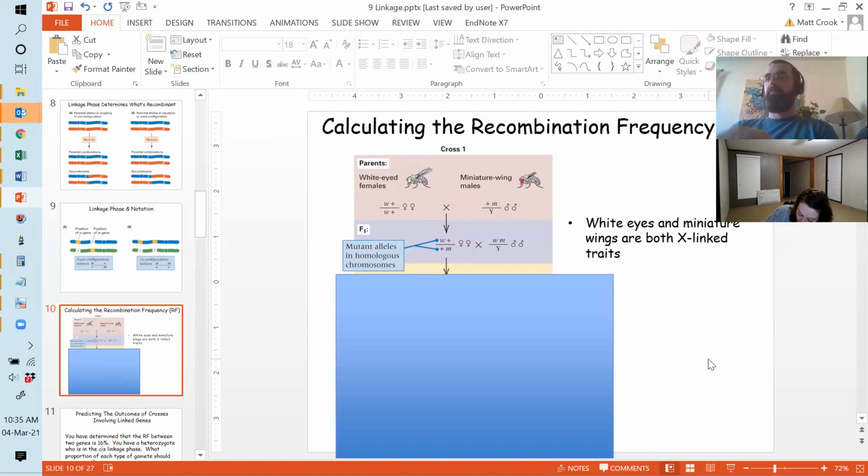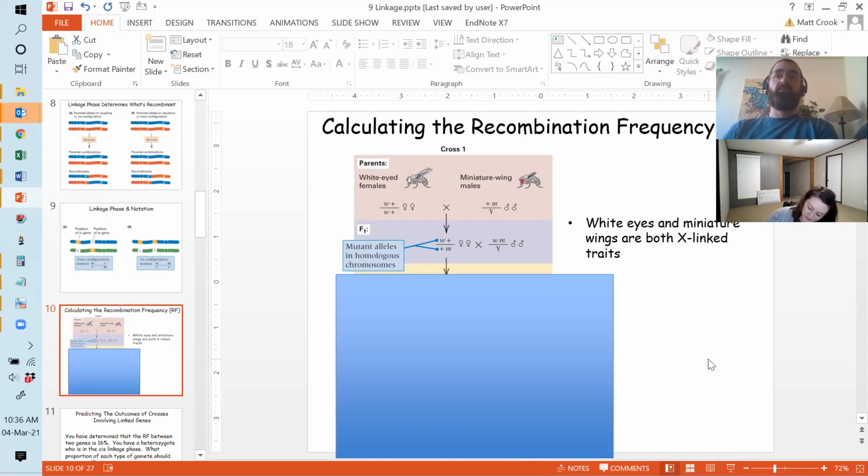Now, again, what ratio would you expect if there is no linkage? The 1:1:1:1. Correct. It's always hard to remember how many ones you said. But yes, equal ratio.